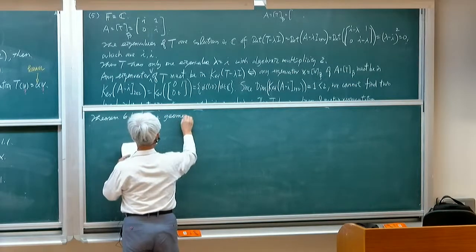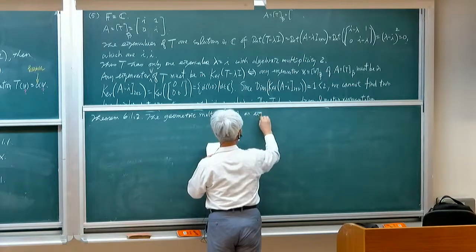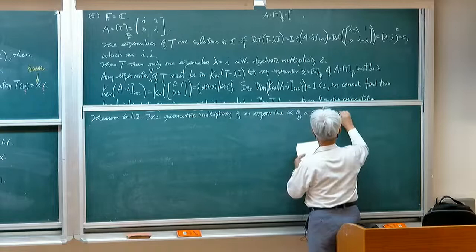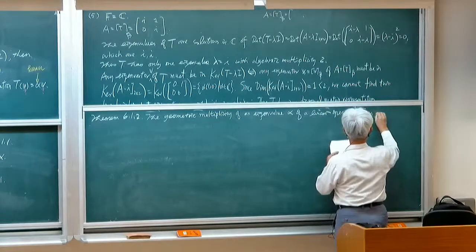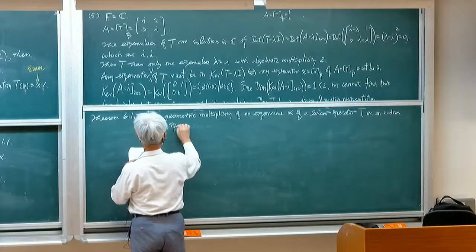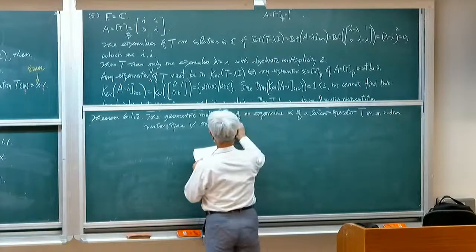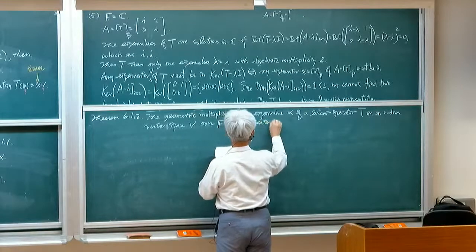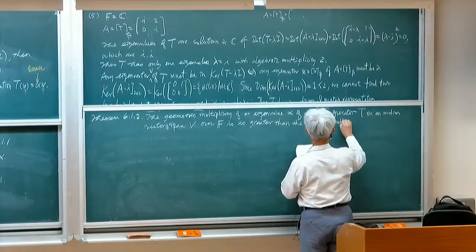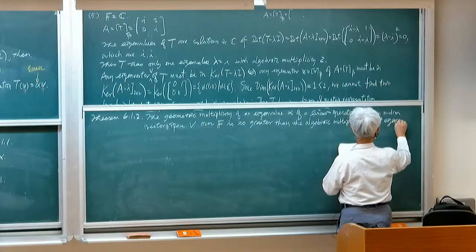The geometric multiplicity of an eigenvalue alpha of a linear operator T on an n-dimensional vector space V over F, where F can be R or C, is no greater than the algebraic multiplicity of that eigenvalue alpha.